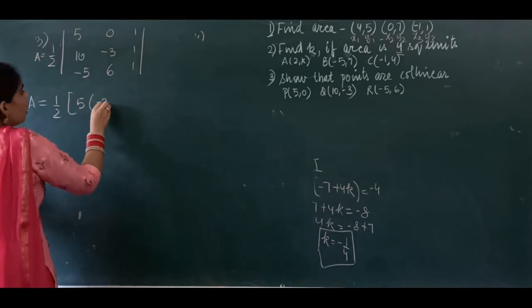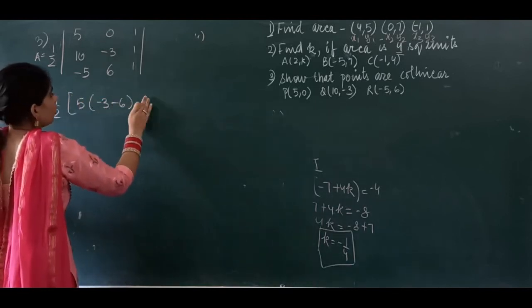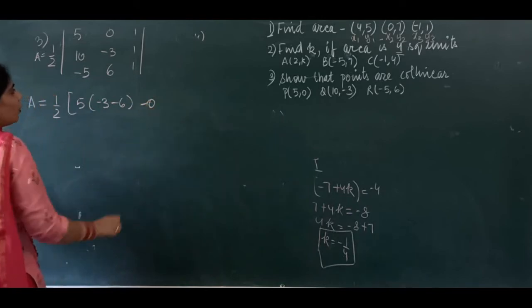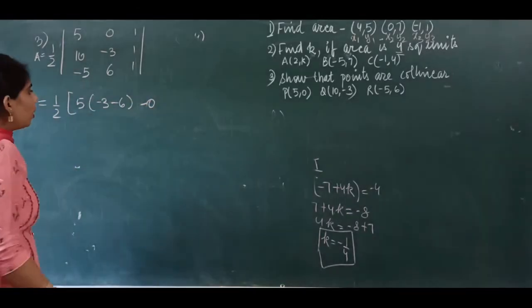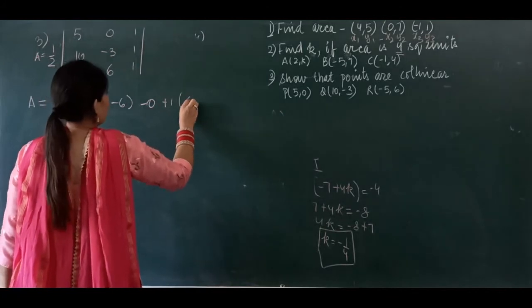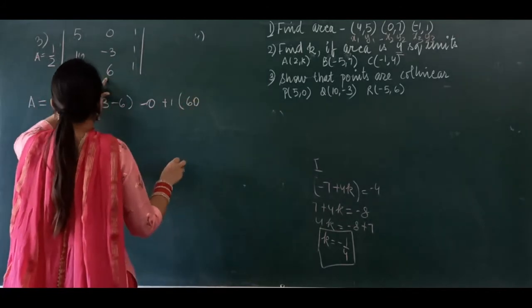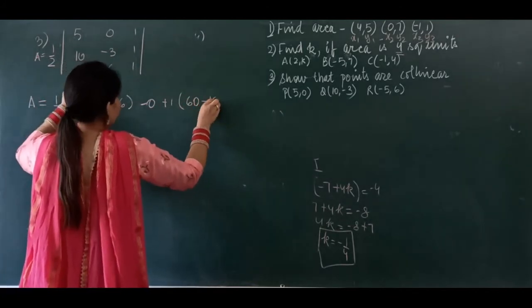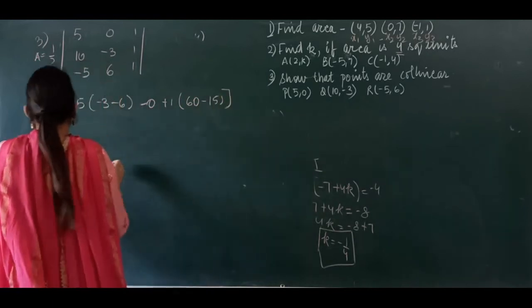Half of 5 times (-3 minus 6), minus 0 times something. If I multiply anything with 0, it will be 0 only. Plus 1 times (60, 10 into 6 is 60, minus 15).